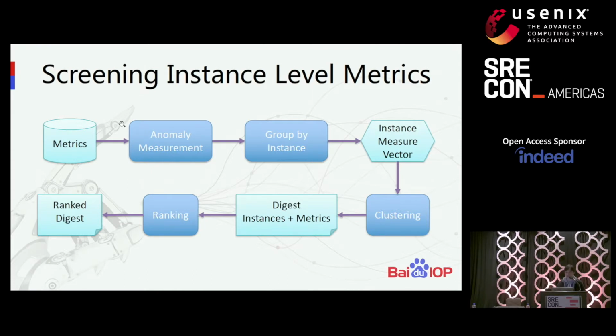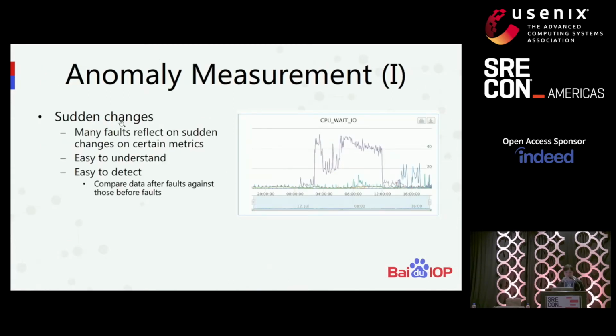Then we can perform clustering on this measurement vector to produce a digest. A digest contains a set of instances. All these instances should be abnormal, and we also have the related abnormal metrics in this digest. And at last, we rank the digests, and hopefully we rank the root cause digest to the top one.